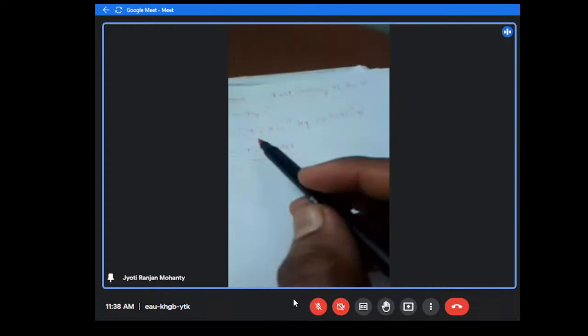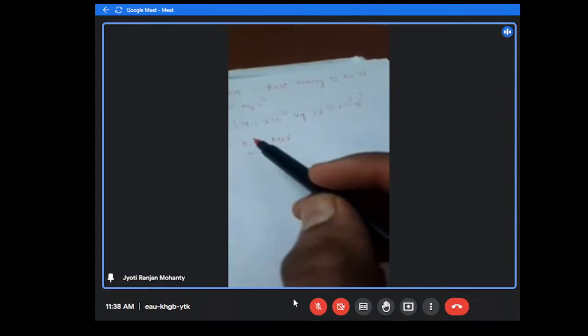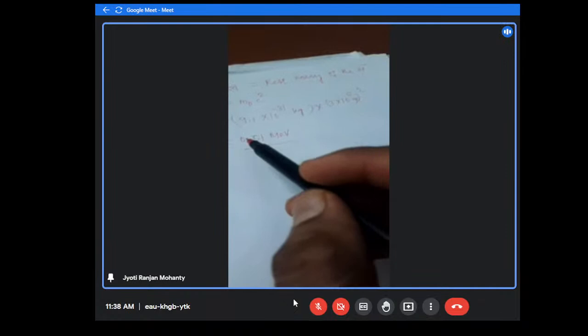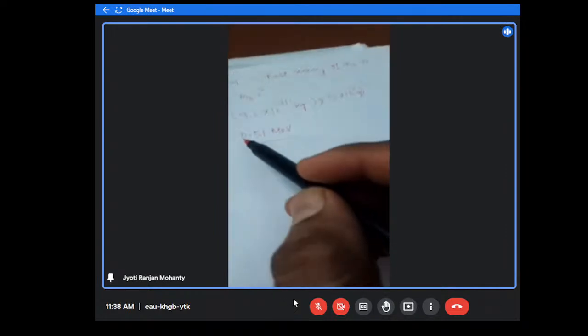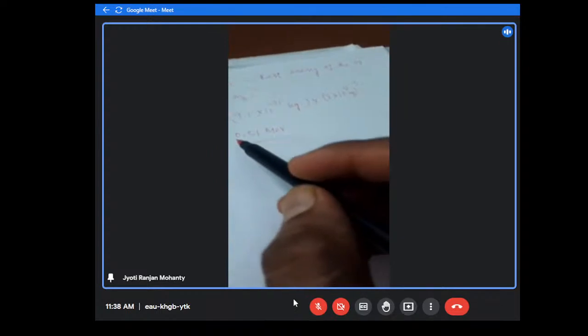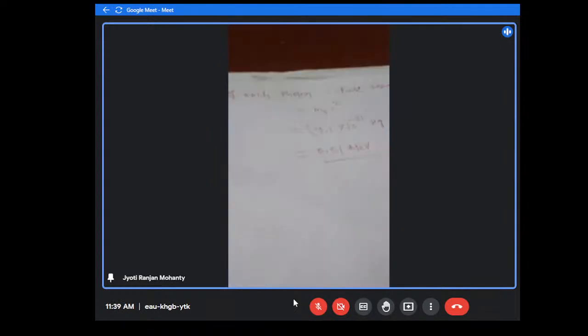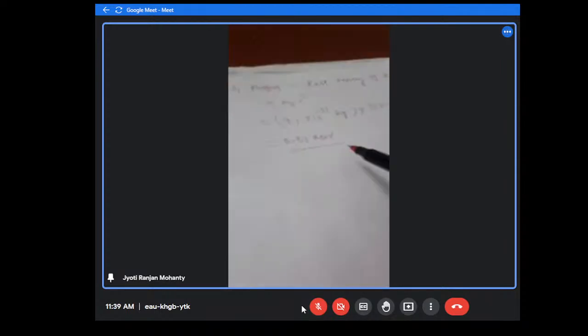Each matter consists of n number of atoms, and n number of electrons and n number of positrons are present. So just imagine how much energy we are getting. Understood? So this is known as pair annihilation.